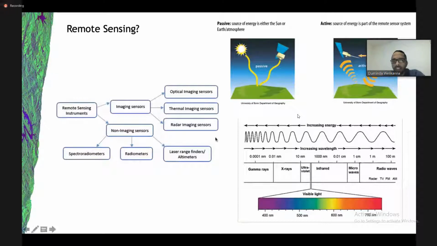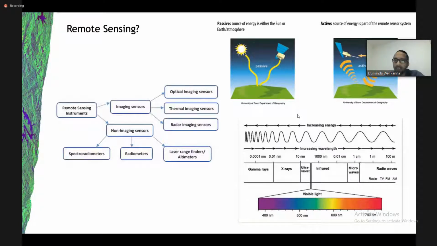So imaging sensors can be subdivided into optical, thermal, or radar images, and non-imaging sensors can be spectroradiometers, laser range finders, and altimeters. Most of these spectrometers, radiometers, and non-imaging sensors work in long wavelengths, that means away from microwave to radio wave.